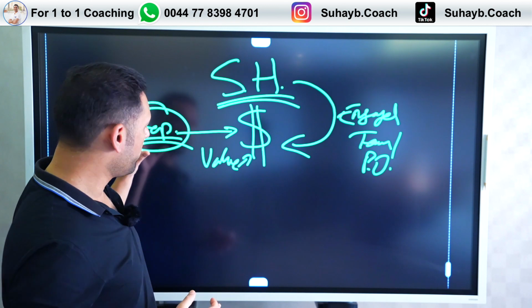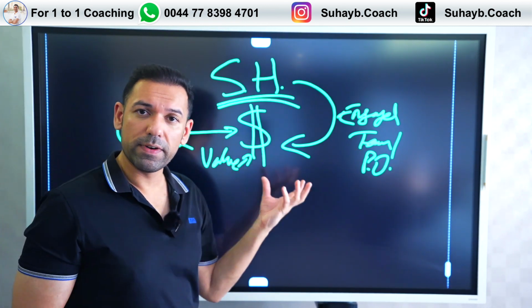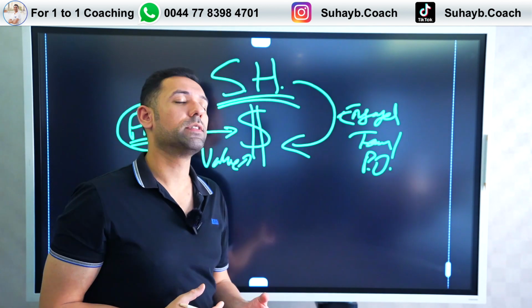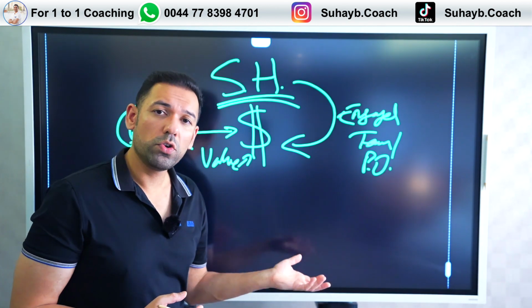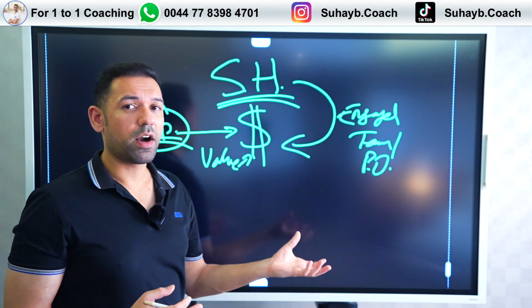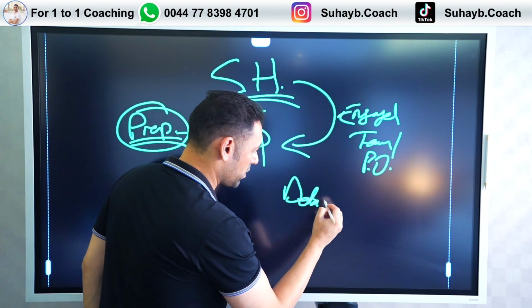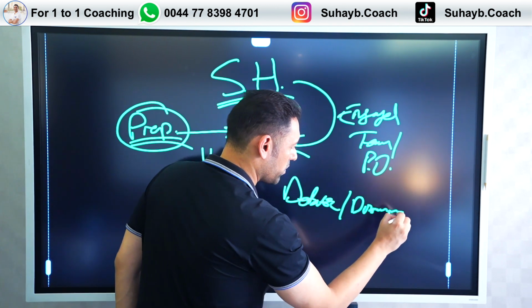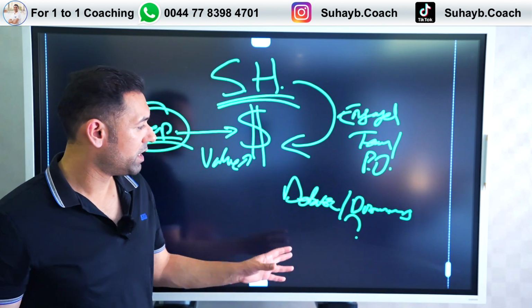So prep, get the stakeholders engaged, get them to see the value they're getting from the sprint review, and most importantly, should you start debating with them? Debates, discussions. Write in the comments down below, what do you guys think?